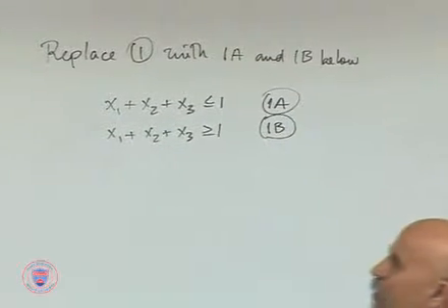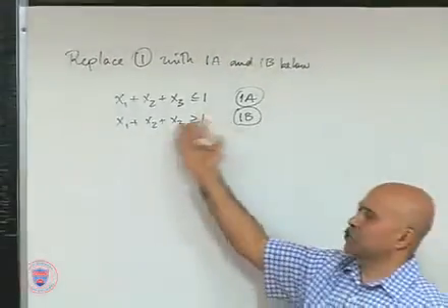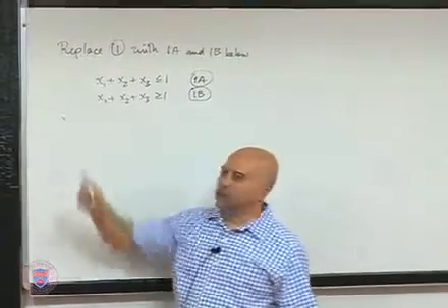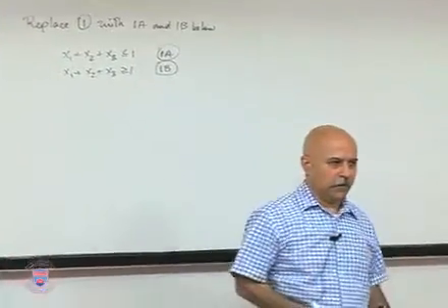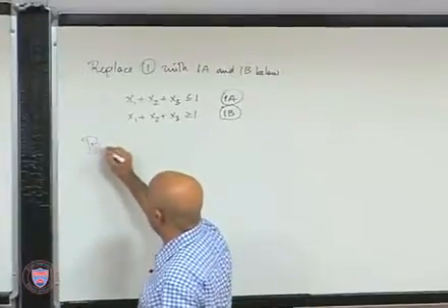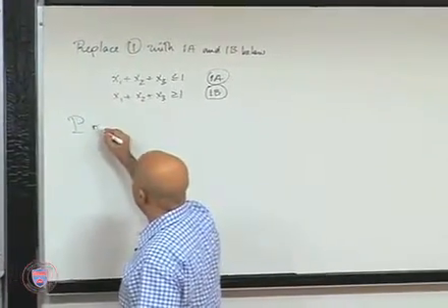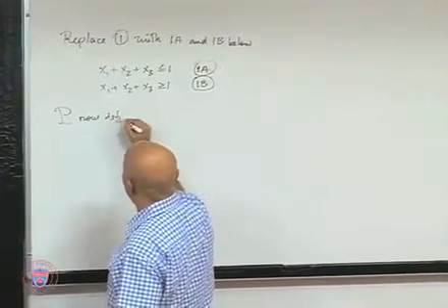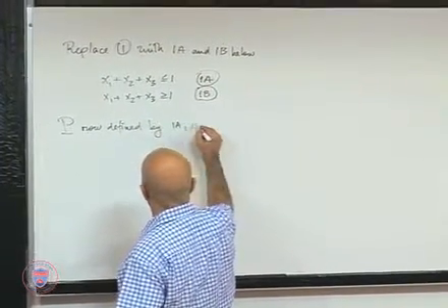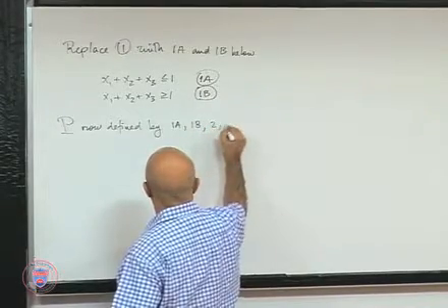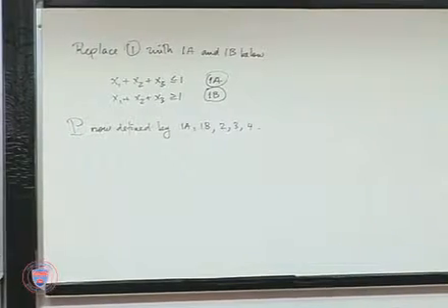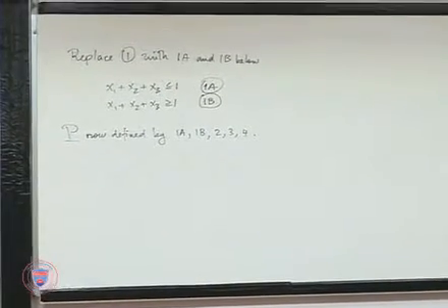Okay? So obviously, any feasible solution to the pair will satisfy number 1 and vice versa. So P is now defined by 1a, 1b, 2, 3, and 4 constraints. Okay? It's the same P.